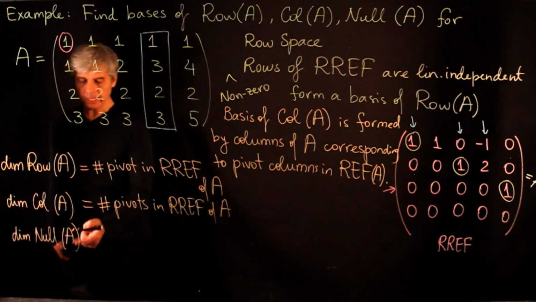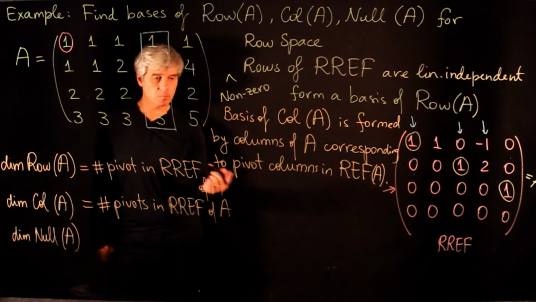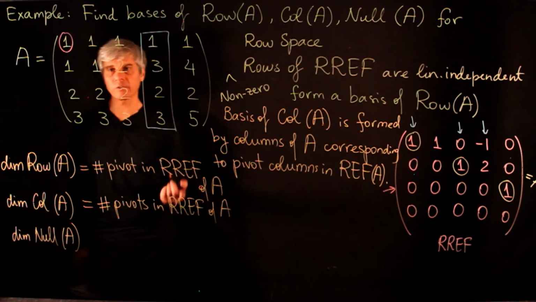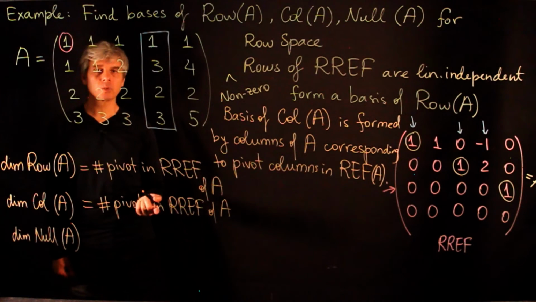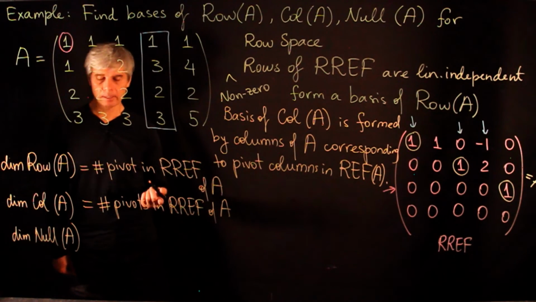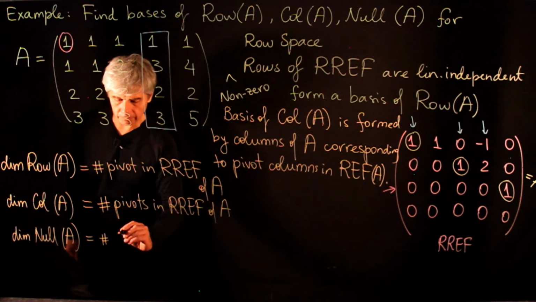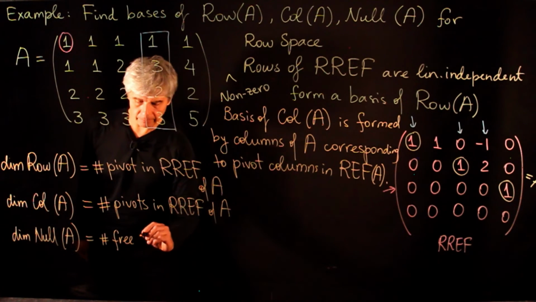The vectors in the basis of the null space of A corresponded to free variables, right? So this is equal to the number of free variables.